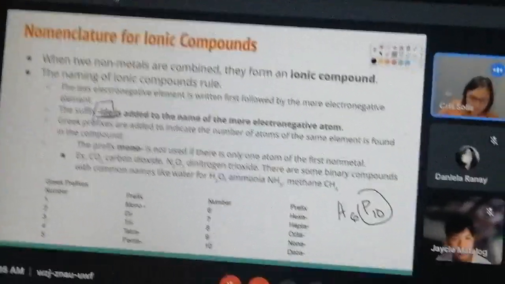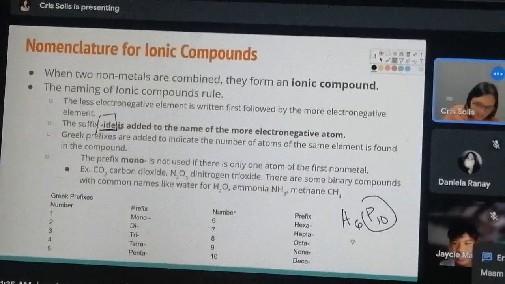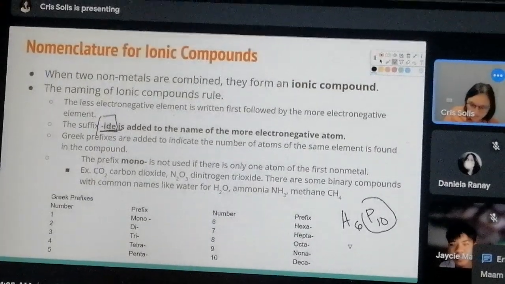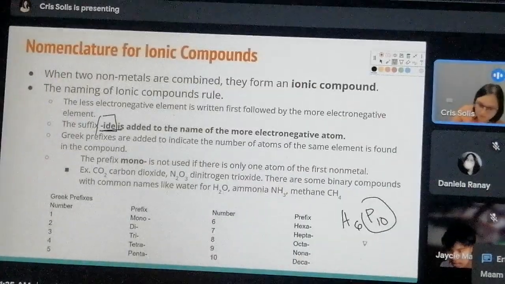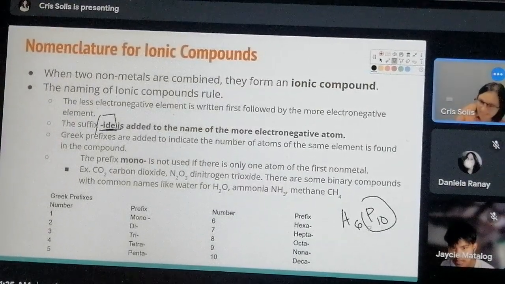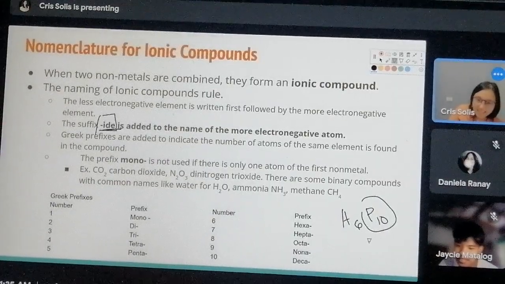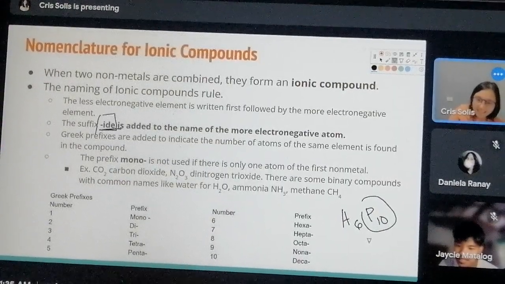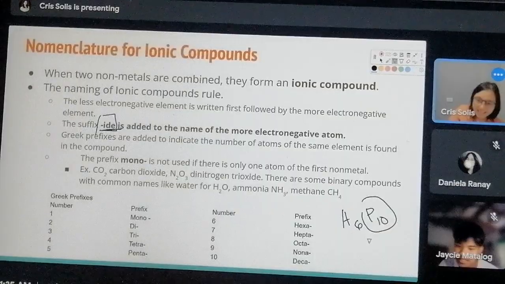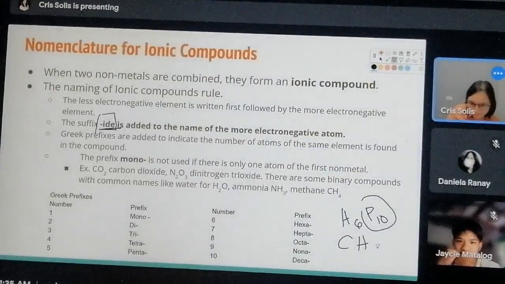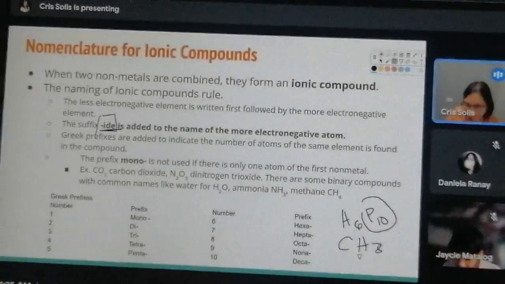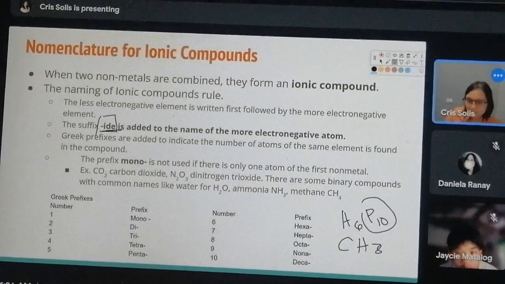Isa pa daw. Sige. A common name, so just give it a common name. Pero for the sake of remembering how to do this, ito. Madali lang yan.